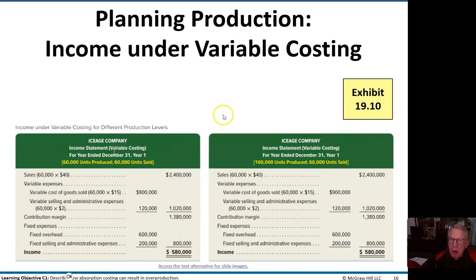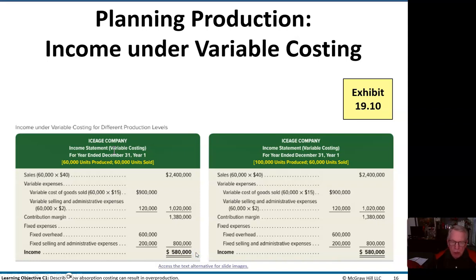Income under variable costing, though, is quite a little bit different. Here, we walk through our full absorption costing, and it's $580,000. But under variable costing for 100,000 units produced, you can see that we still only made $580,000, the same as if we had produced the same as what we sold.